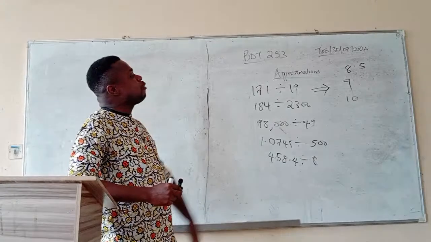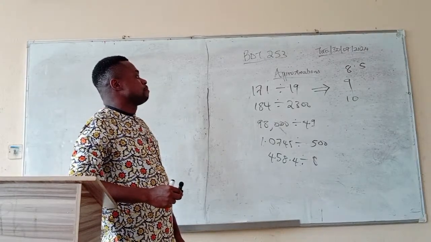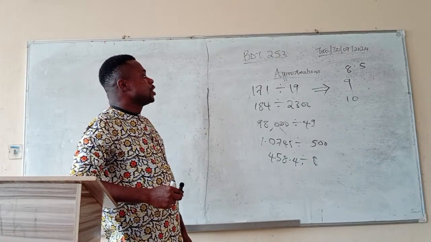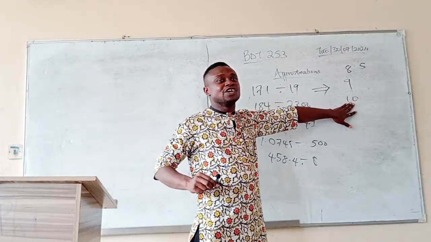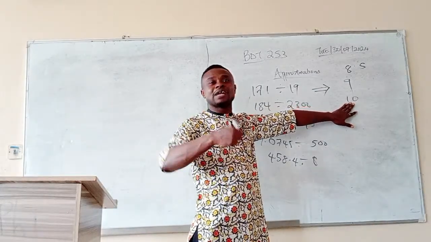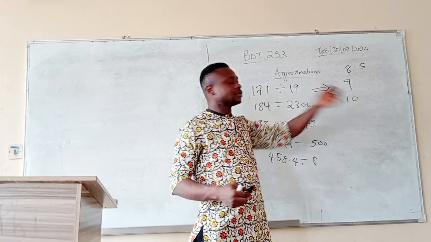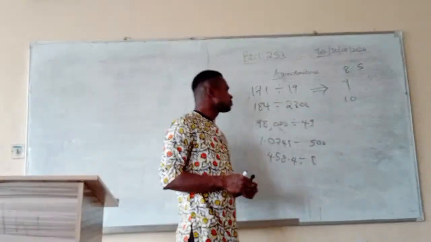Look at it. Either way, the ease of this calculation is faster. It should be around this value, it can be more than around this value. Okay. What about this one?